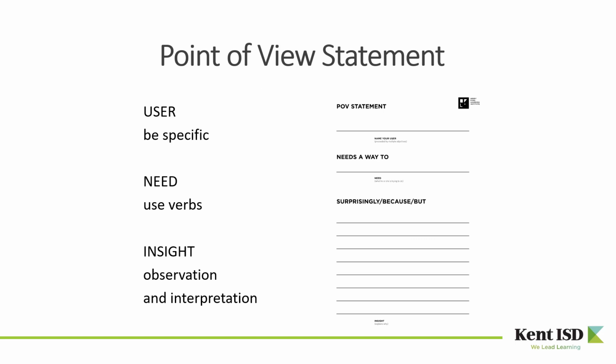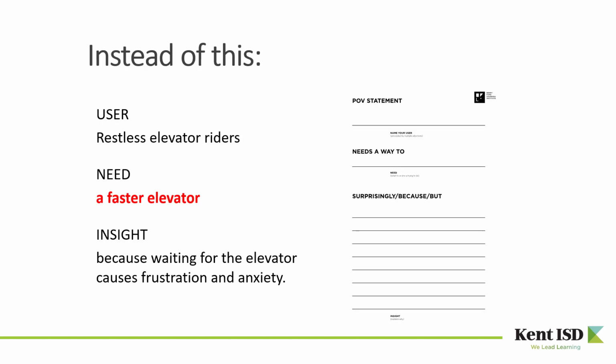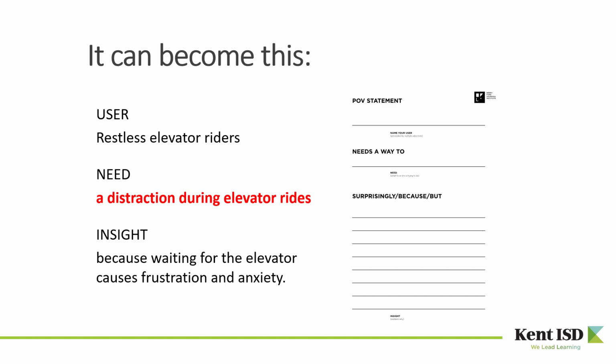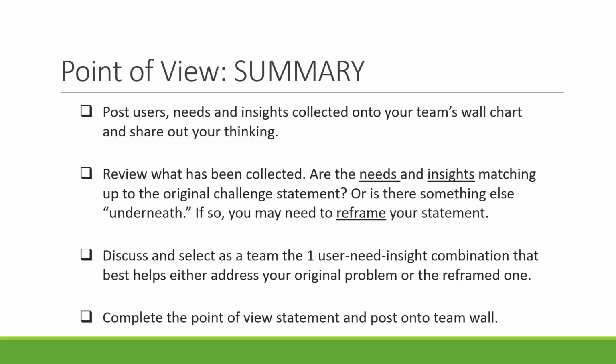The user, the need, and the insight. Note that reframing the challenge based on the data you've gathered could really change your approach from the need of being a faster elevator to the need of a distraction during elevator rides. As you move on to the next phase of ideation, you'll see how much that could actually change the results that you come up with.